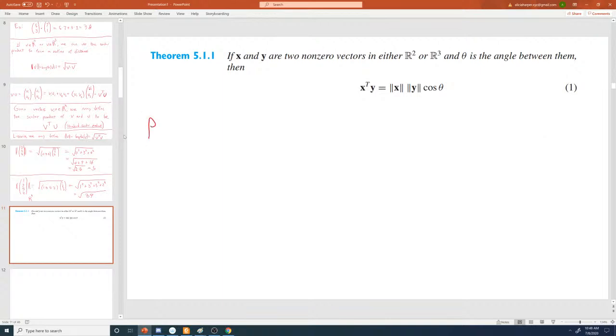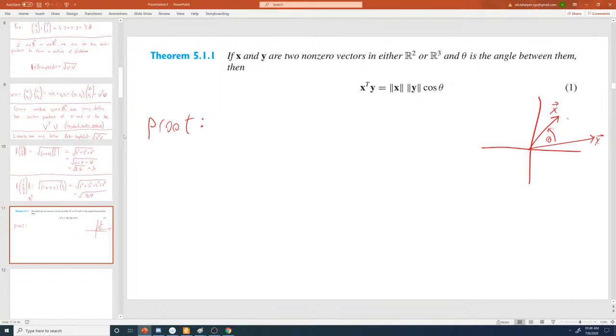So this shows that somehow the standard scalar product is capturing information about the geometry of how x and y are located in space. The picture to have in mind is you have your vector x, you have your vector y, you also have your angle theta between them, and somehow this angle theta is related to the length of x and y as well as the dot product or the scalar product of these two vectors.